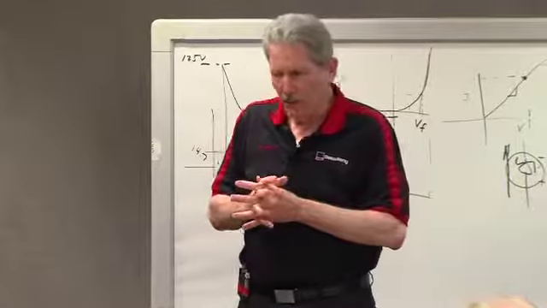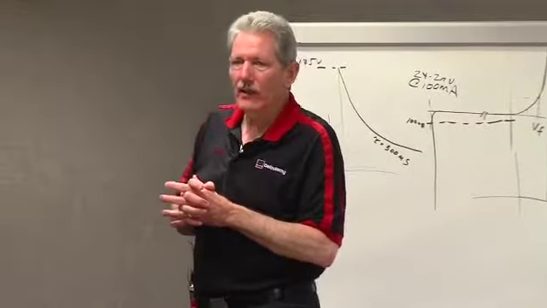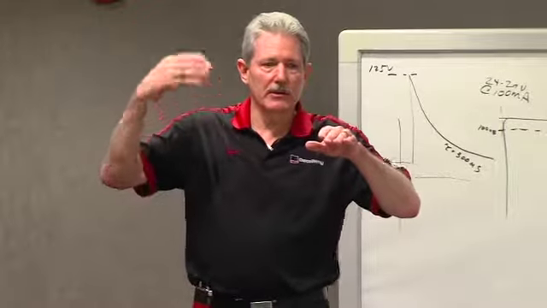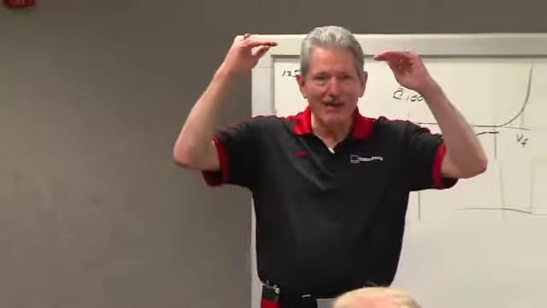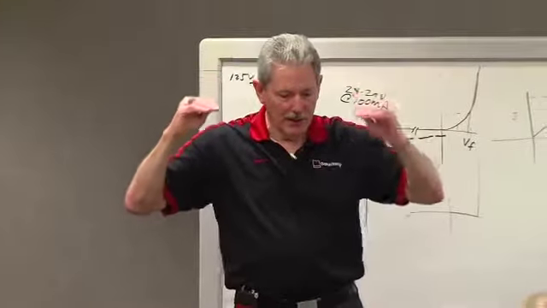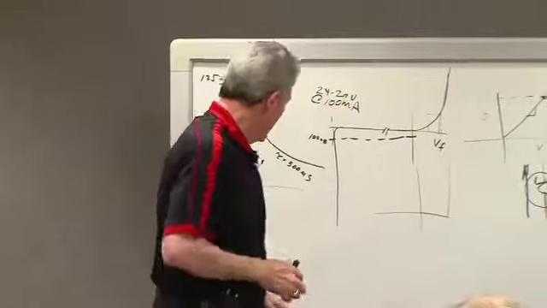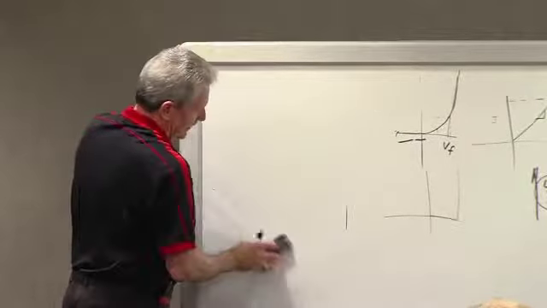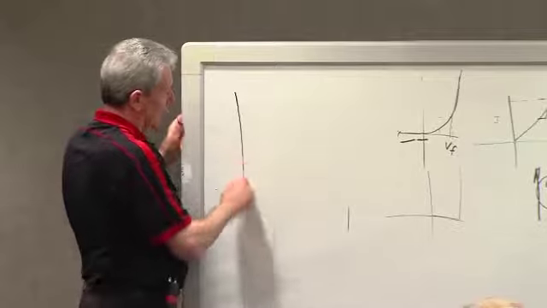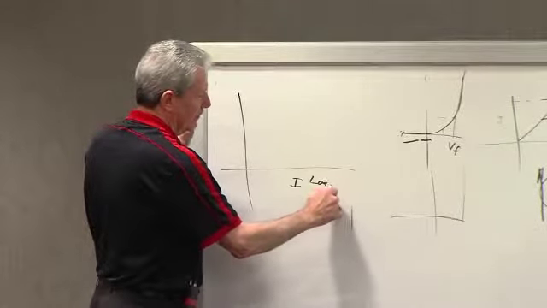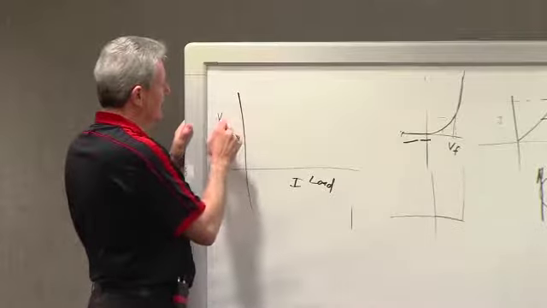The other critical parameter is load regulation. You know in your house when the air conditioner turns on how the lights will kind of dim down? That's load regulation. What you'd like to have in an ideal situation is, this is current, which is the load, and this is the voltage.